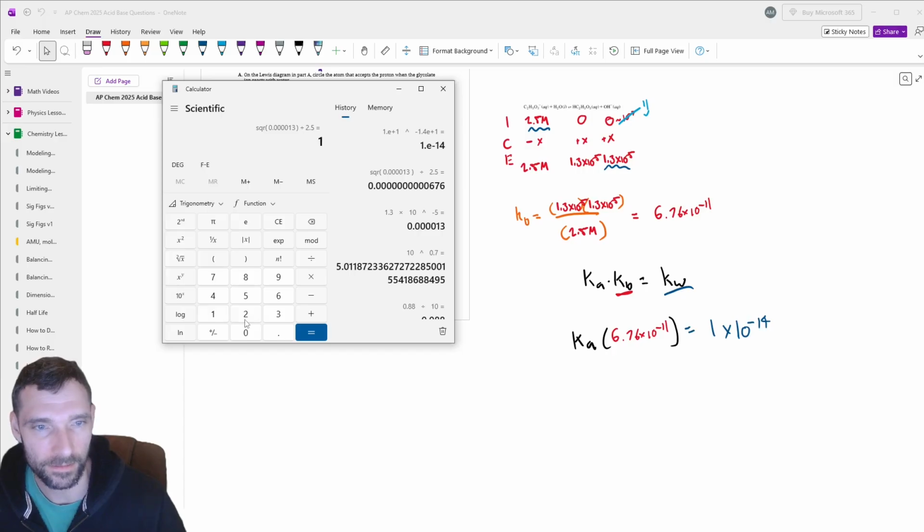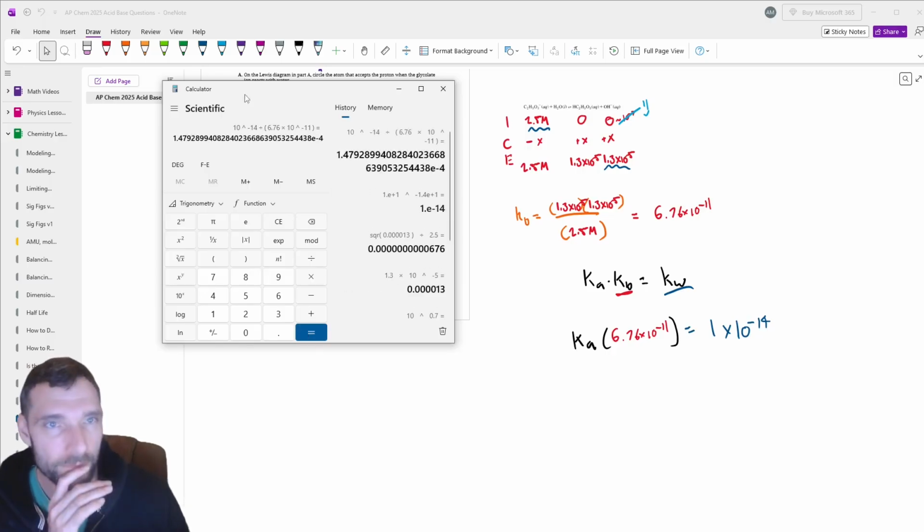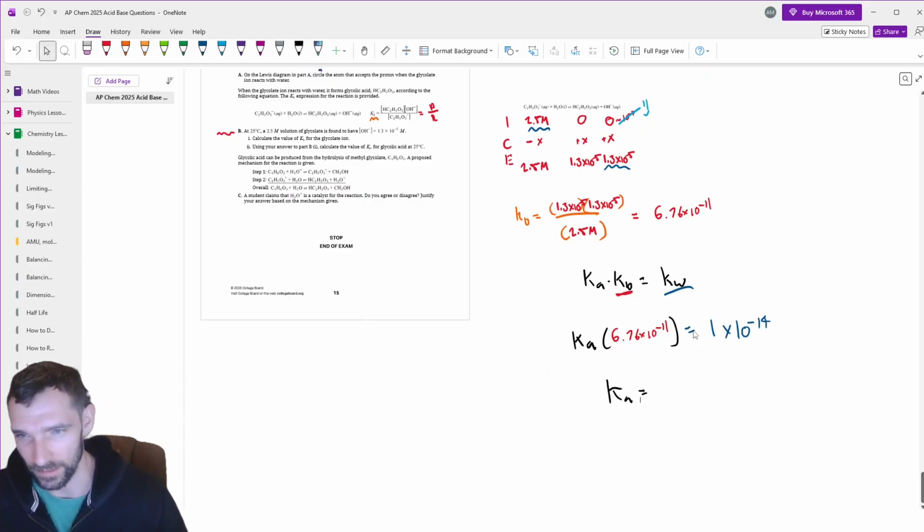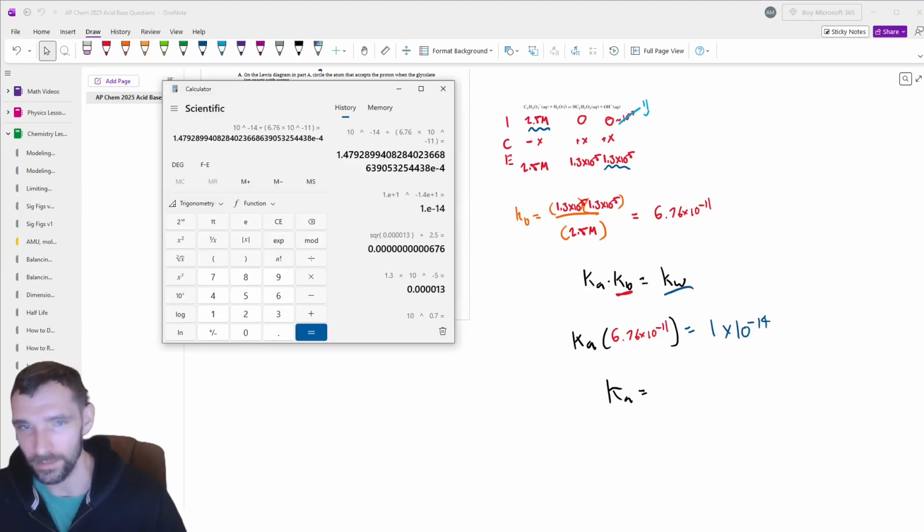So if we take 10 up to the -14th power, hold on, the calculator's getting weird, 10 up to that -14th power divided by 6.76 times 10 up to the -11th power, we get a Ka value, which kind of sounds appropriate because -11, -14, this other number is kind of in that ballpark of -3.